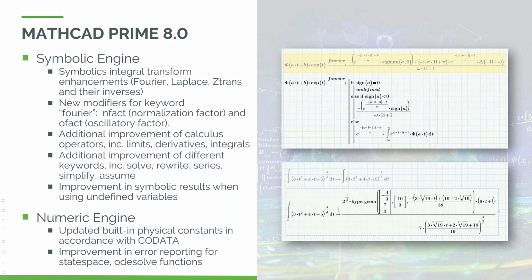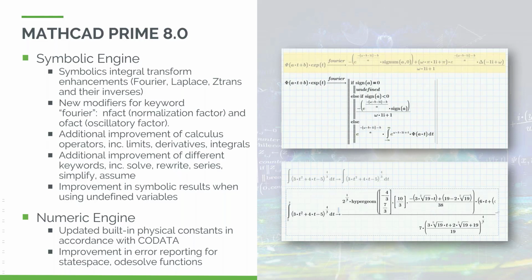But it does include significant improvement and expansion in use and performance of symbolic integral transforms, Fourier, Laplace, and Z-transforms, and their inverse functions. We've got 2 new Fourier keywords to allow you to choose normalization and oscillatory factors relevant for your Fourier calculation. There's been general improvement for symbolic calculation for calculus operators, such as limits, derivatives, and integrals, and of different keywords such as solve, rewrite, and simplify.